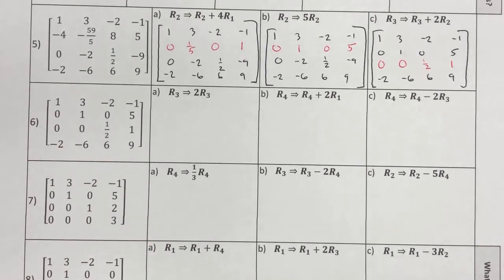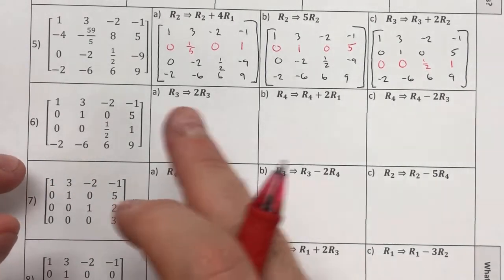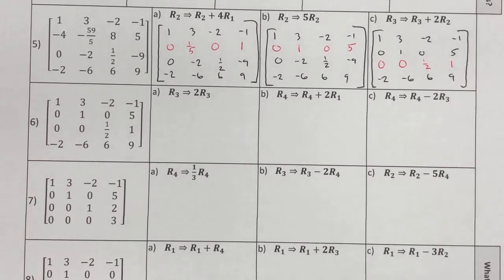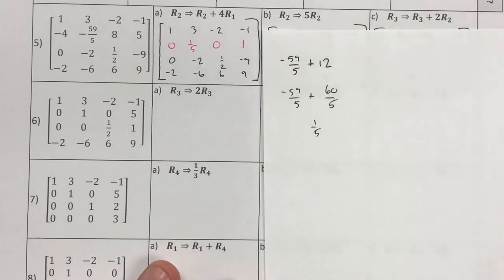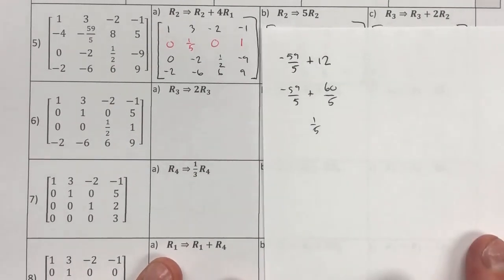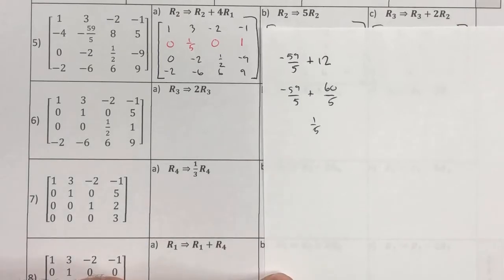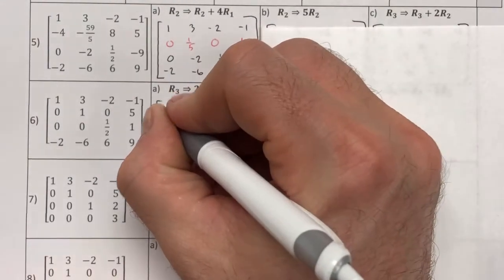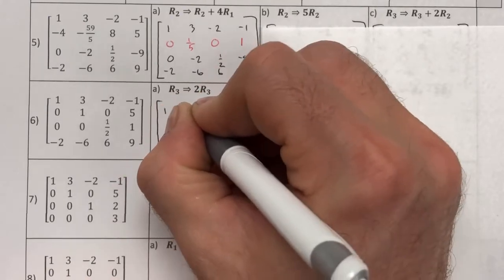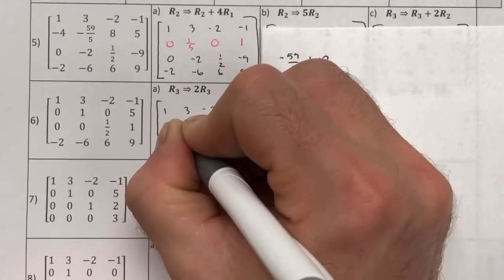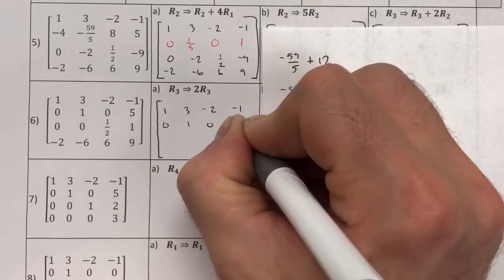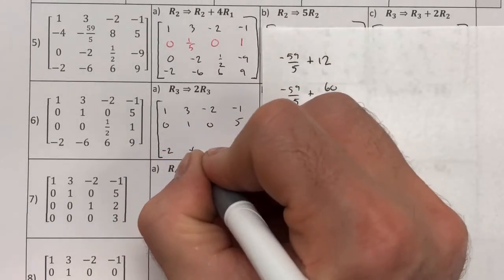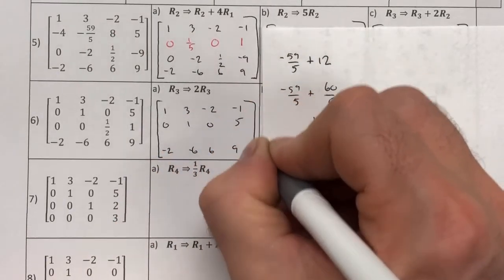And so number 6, after we've hit that checkpoint, we're going to go ahead and continue our way onwards. I'm going to keep my scratch paper off here to the side just in case I need it. And I'm modifying row 3, so I'm going to copy down all the other rows: 1, 3, negative 2, negative 1, 0, 1, 0, 5, negative 2, negative 6, 6, 9.